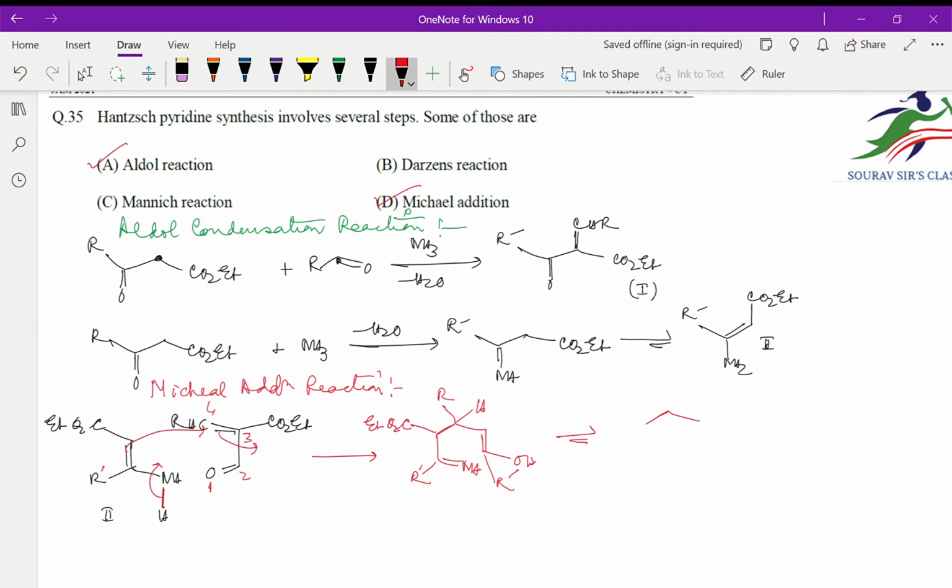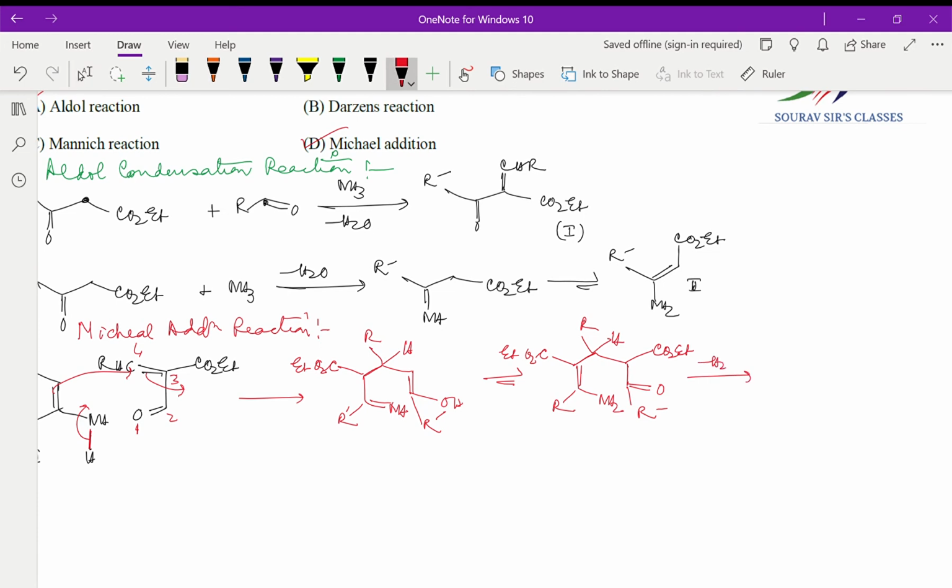So out here, I will say now, this is how it is going to tautomerize. This is my NH2, that is my double bond out here, that is my CO2Et. There, I have my R, I have my H. Okay, just extending on the completion of the reaction. That is the whole idea out here. I could have left it over here, just thought that I should complete the reaction.